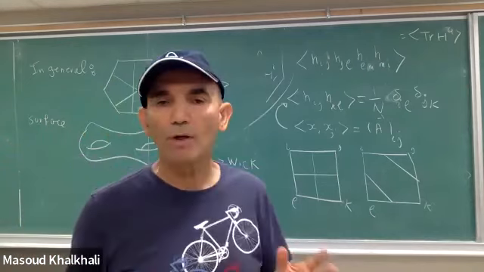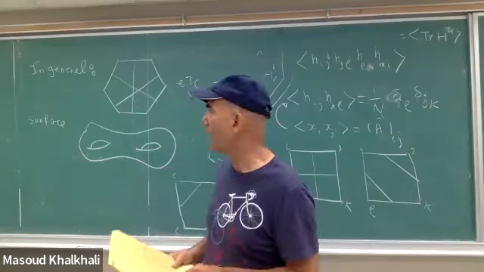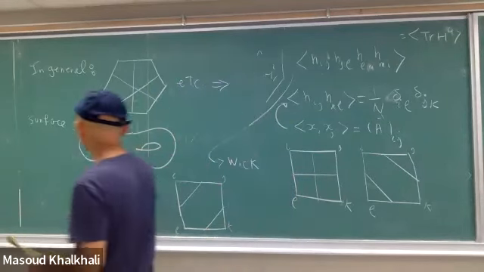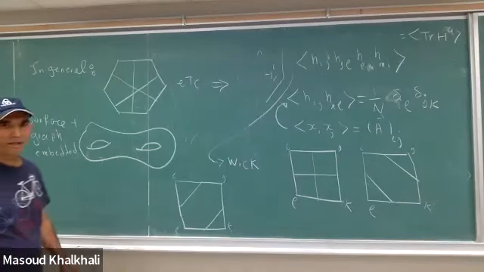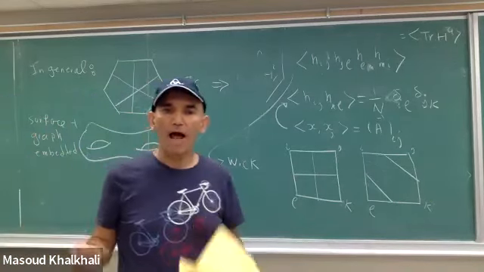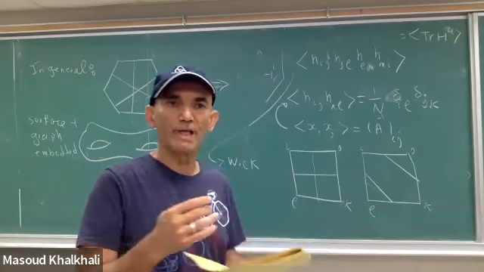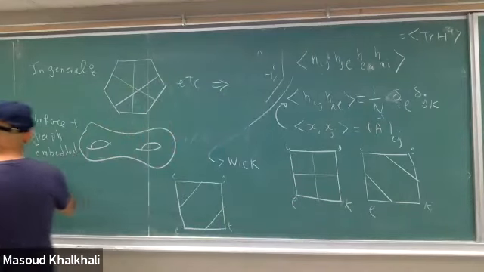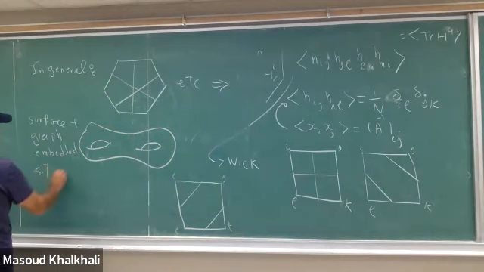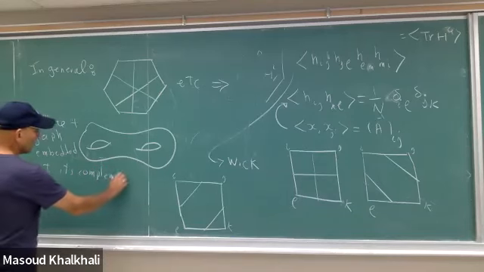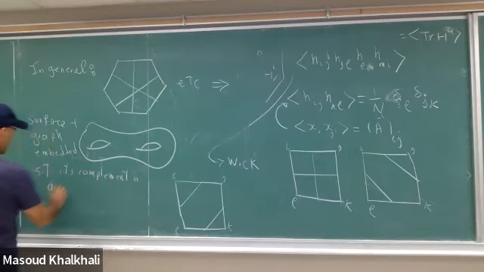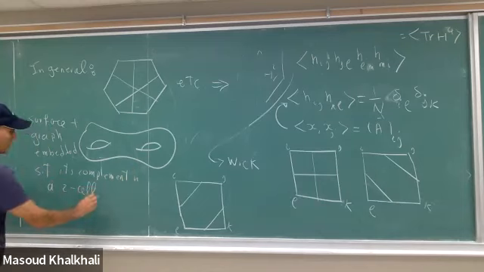It actually gives you more than a surface. It gives you a surface plus a graph embedded on this, in such a way that the complement of the graph is contractible. It's just a two cell. So its complement is a two cell, so it's contractible.